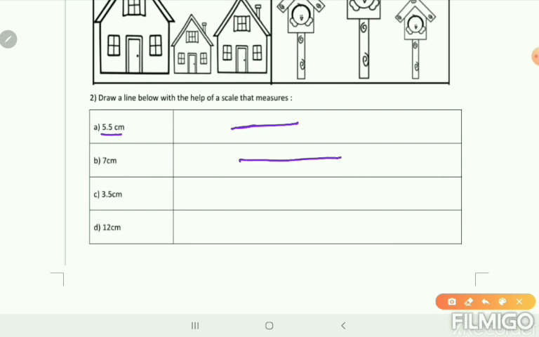Here you are going to draw 7 centimeter, then 3.5 centimeter, then 12 centimeter. You know how to draw each very well. So you are going to draw here in the worksheet.